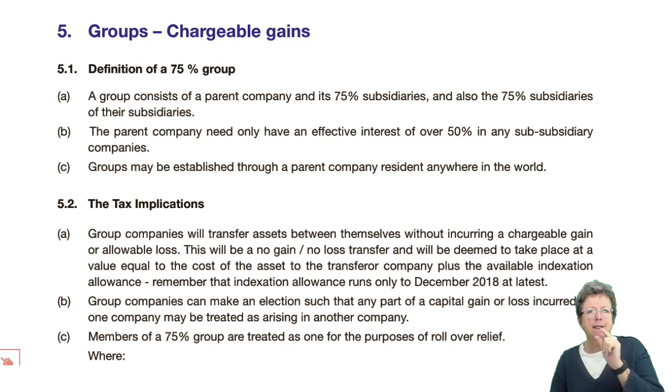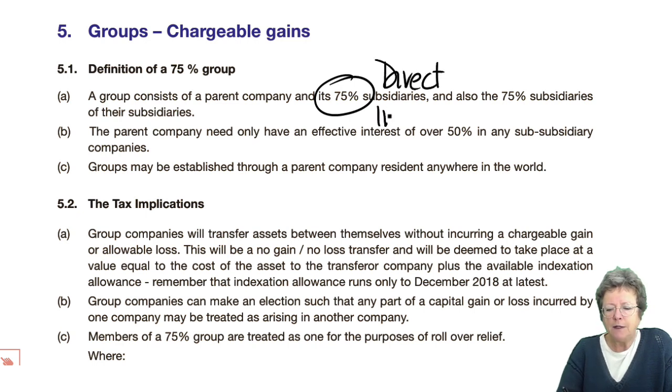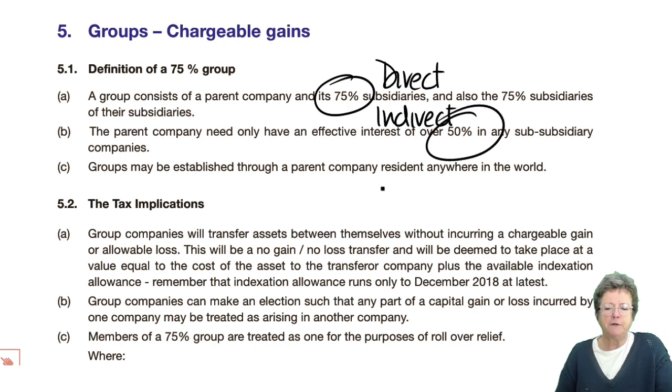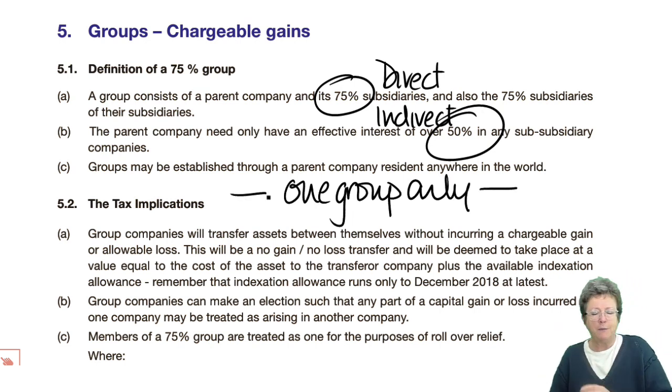If you want to be in a gains group, 75% direct holding. Now the indirect holding is only 50%, and you can only be in one group only. You cannot be in two groups. You have to decide. So with the B situation, you might have to decide.